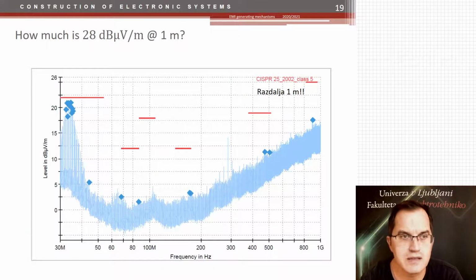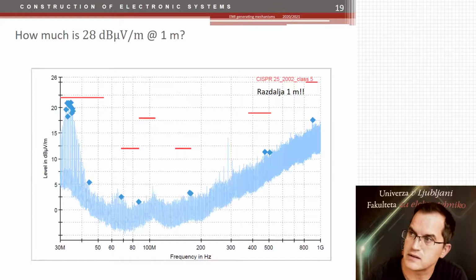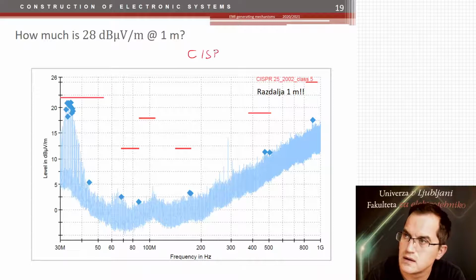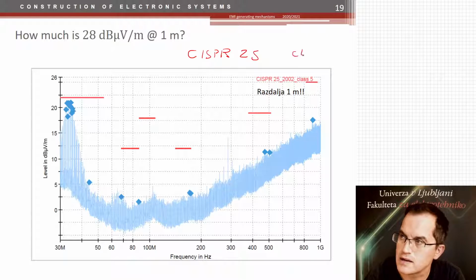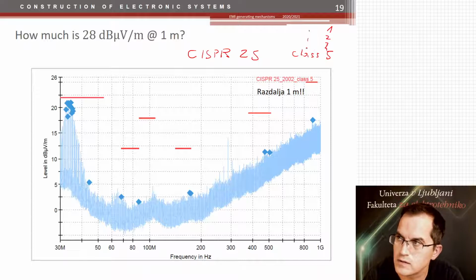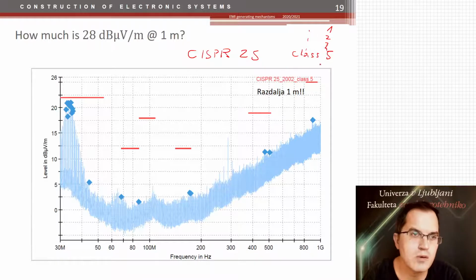These are the limits of the standard called CISPR 25, class 5. That standard has class 1, 2, 3, 4, and 5. The 5 is the most rigorous level, and that CISPR 25 holds for automotive electronics.